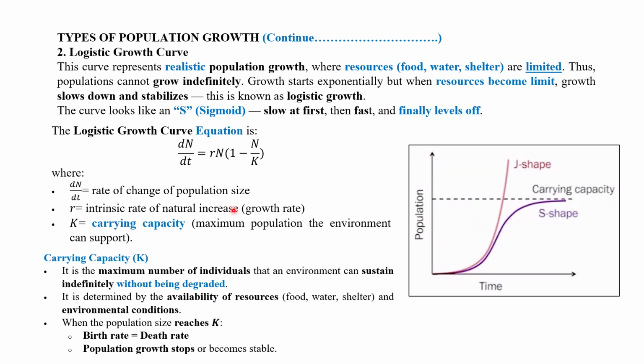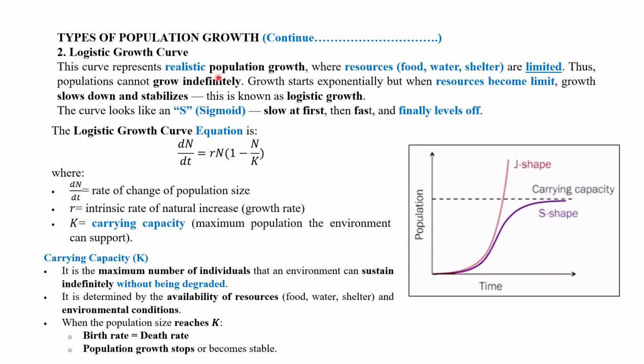The next type of population growth is called the logistic growth curve. In this case also, if you draw a graph between population and time, an S-shaped curve is formed.